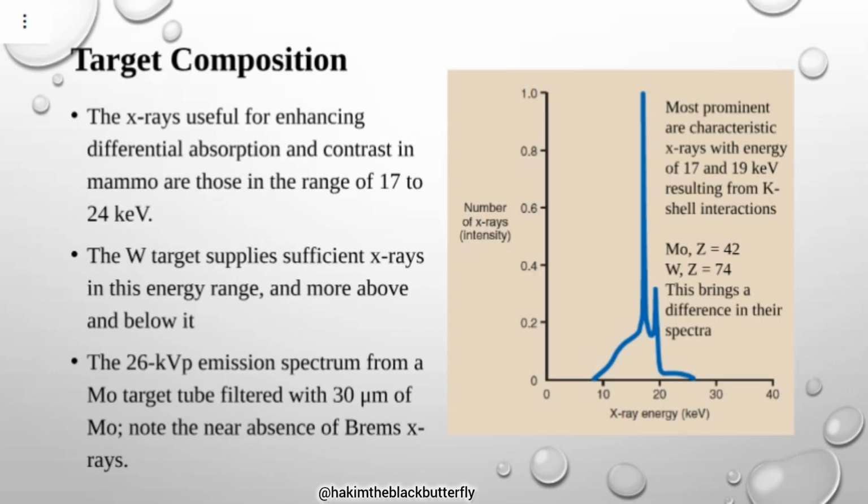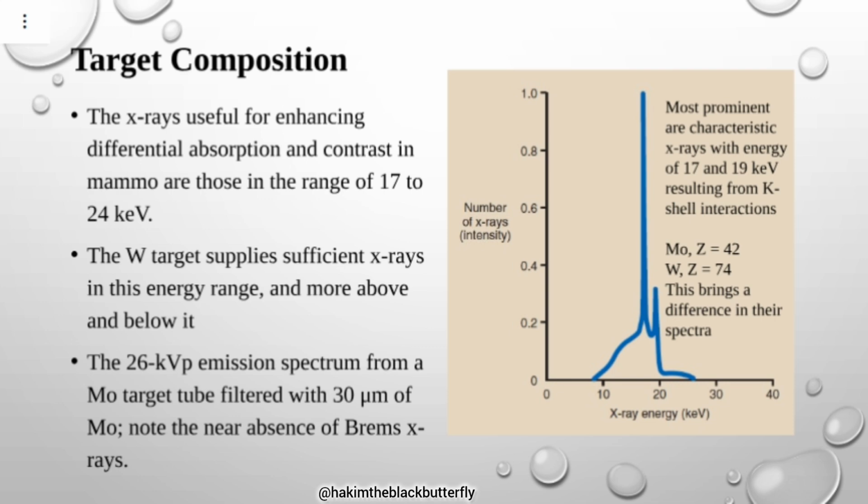The X-rays useful for enhancing differential absorption and the contrast in mammo are those in the range of 17 to 24 kiloelectron volts. That is the range of energy that can bring out contrast in breast tissues. Lower than 17, no penetration, no image.